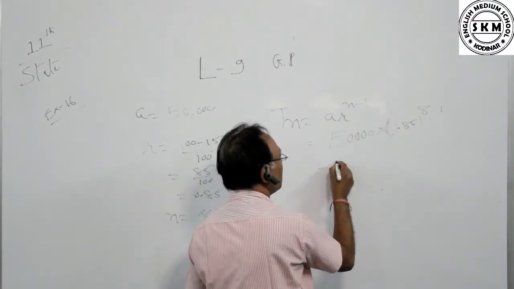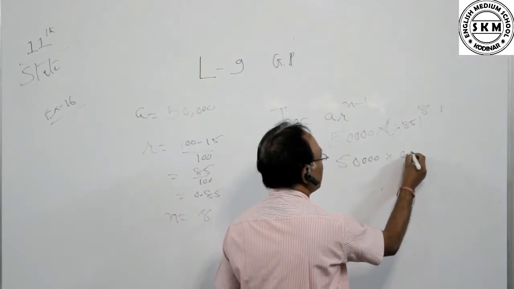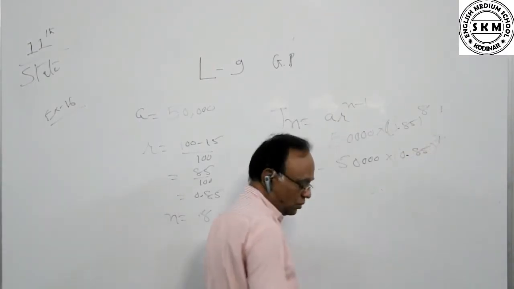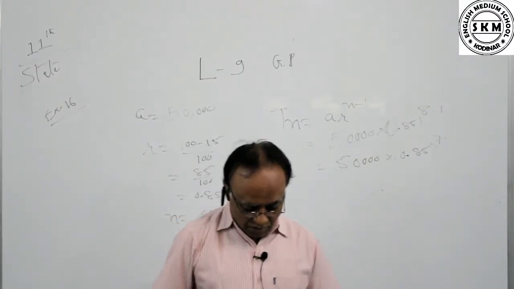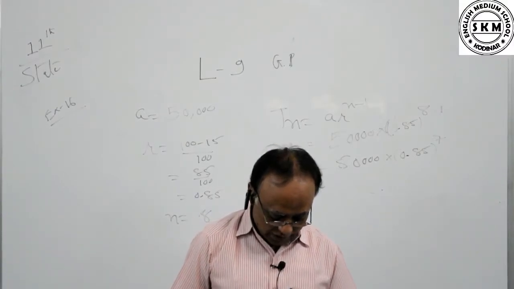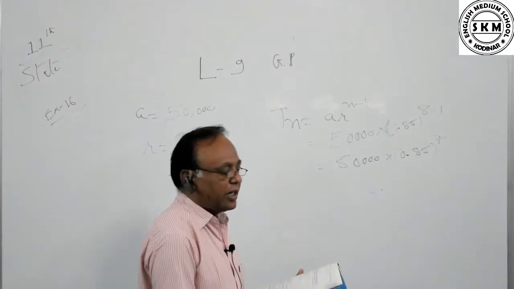So it is 50,000 multiplied by 0.85 raised to 7. Now use your log tables or calculators, and finally we can find the result.